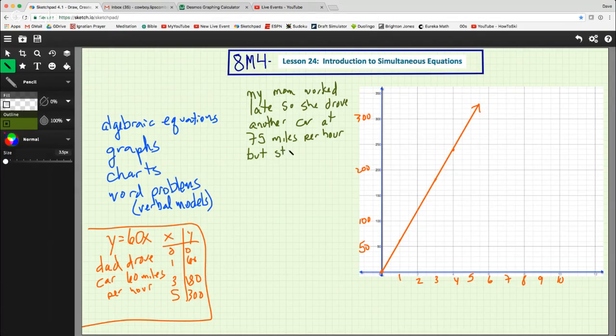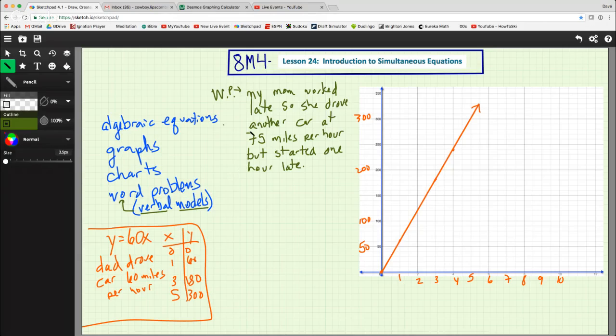But started 1 hour late. So this is the word problem, our word problem. And that's a verbal model. I just wrote this word here, verbal model. You may hear that from a teacher from time to time. That's just another word for a word problem, a verbal model.